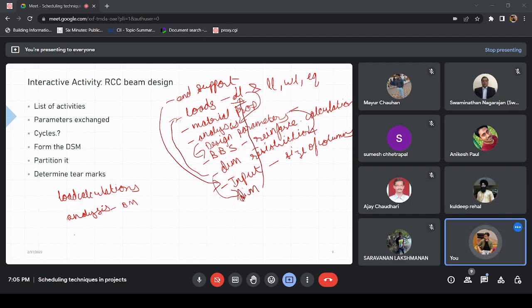Then material and dimensions, finalizing these things, and our design check. I guess we can cover whatever list we have made in these four major categories, right? Or should we have anything else?